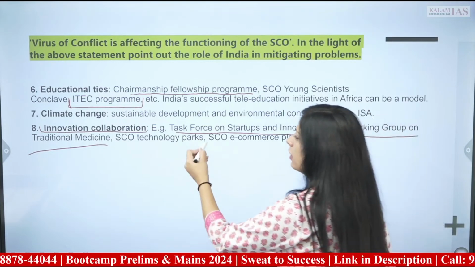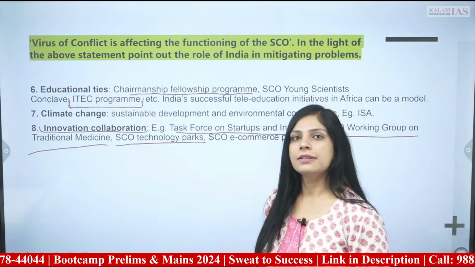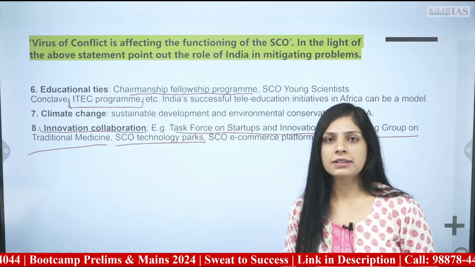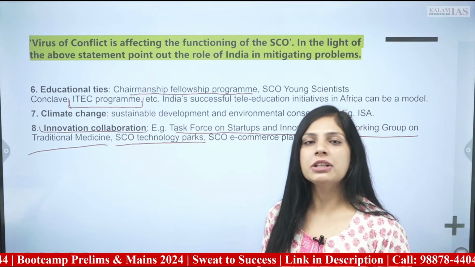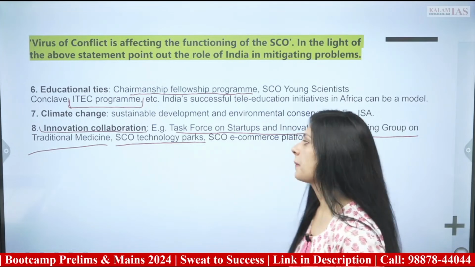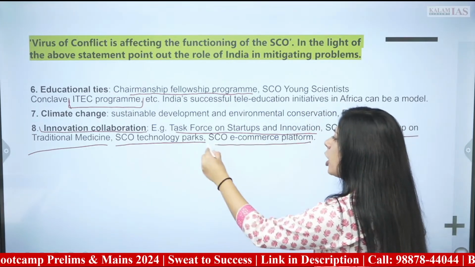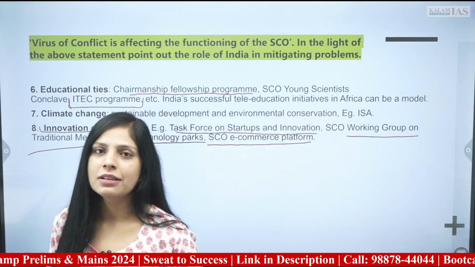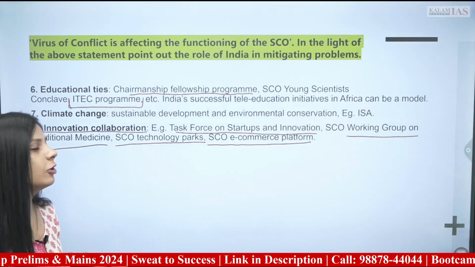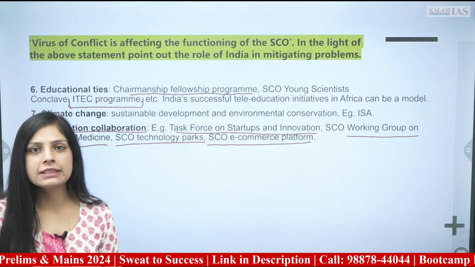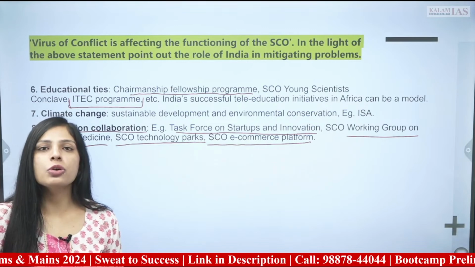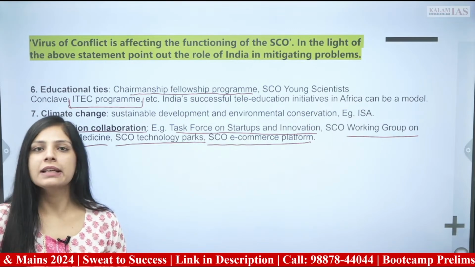India promotes the establishment of SCO technological parks, which would help in technology transfer across the region. And the SCO e-commerce platform, India is also playing a major role in that. So by this, economic engagement would also increase and innovation would lead to the growth of the region as a whole, right?